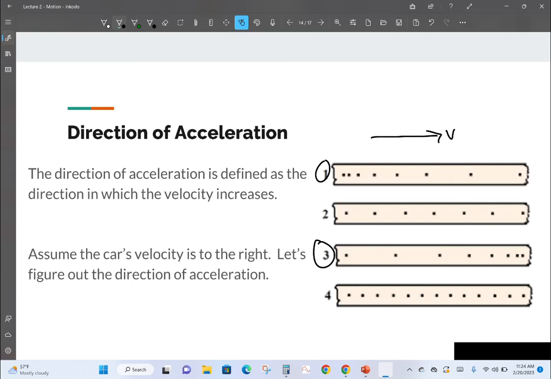We know that it is accelerating. And in this case, because the dots are getting bigger to the right, the acceleration is to the right. So the car is speeding up. In number 3, though, as the car moves to the right, the acceleration is really getting bigger to the left. So we know that the car is losing speed, and the dots get closer to each other.